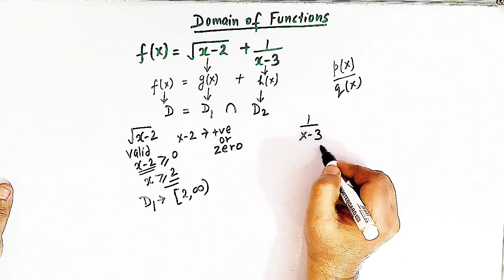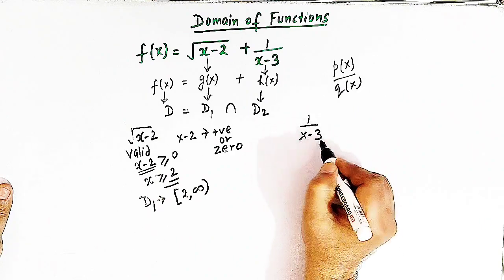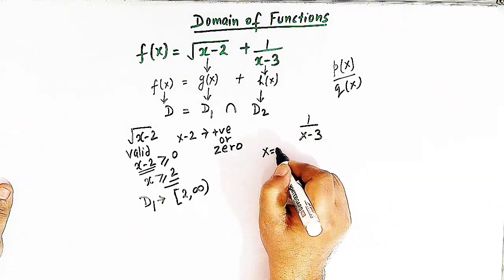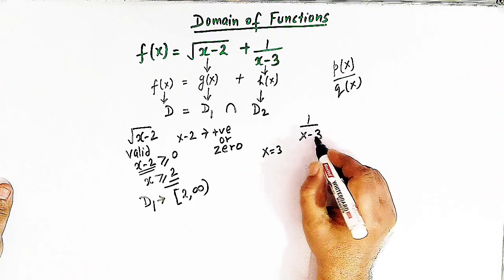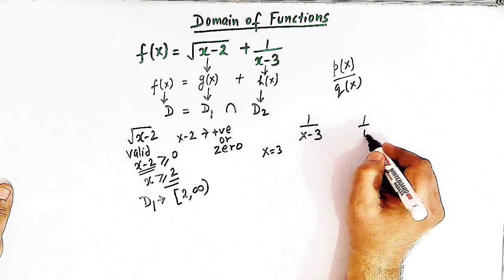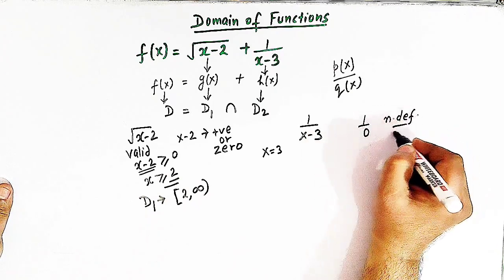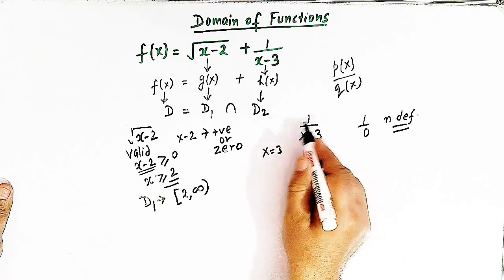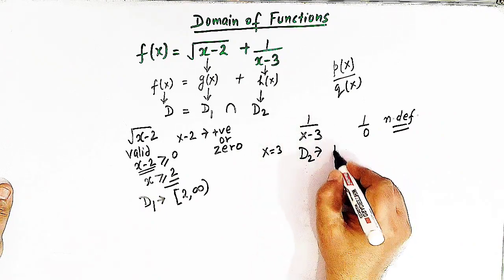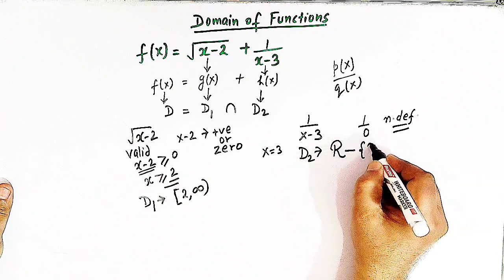So the domain of this function is all real numbers except 3, because when we take x equal to 3, then in the denominator we'll get 0, so this becomes 1 over 0, which is not defined, right? So the domain of this rational function is given by the set of all real numbers except 3, right?